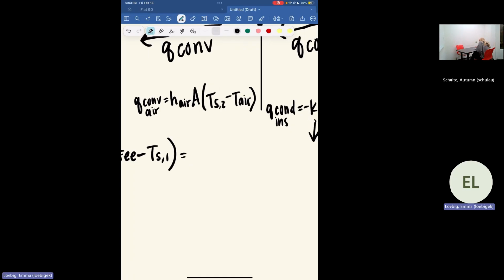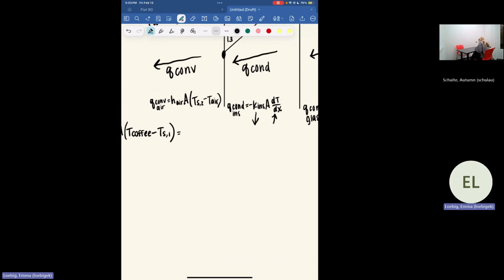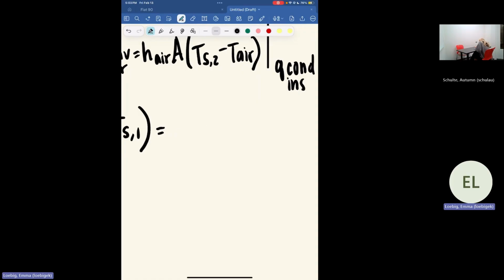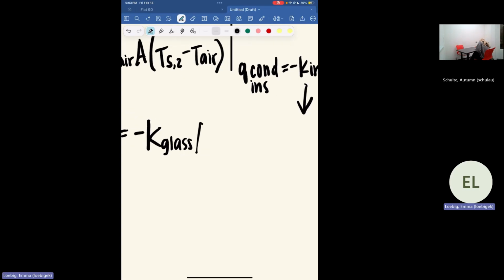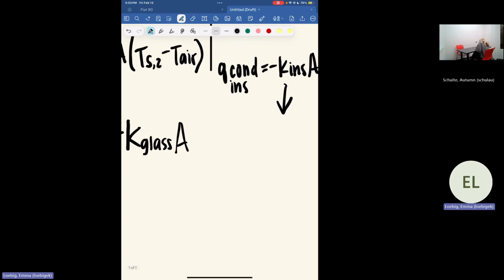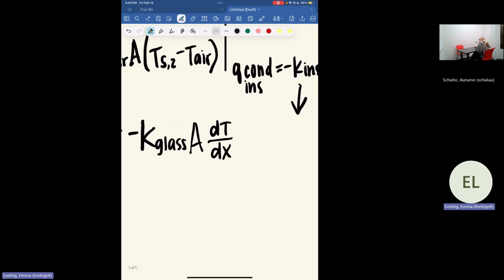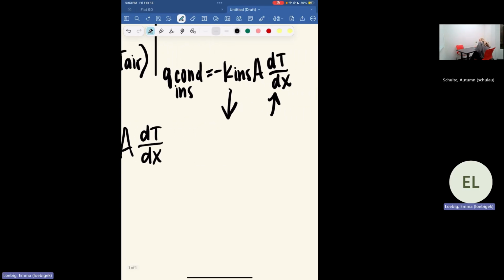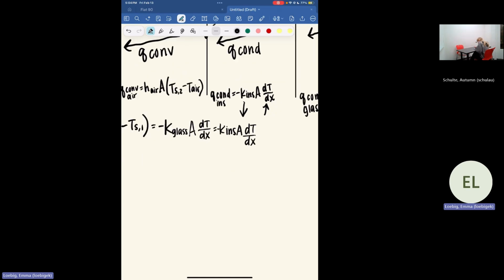This is equal to our conduction term for the glass, which we said is negative the thermal conductivity of the glass, multiplied by the area, multiplied by the change in temperature with respect to x. This is equal to our conduction term for insulation, so negative the thermal conductivity of insulation times the area times the change in temperature with respect to position.